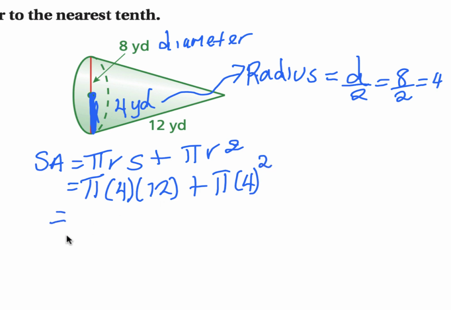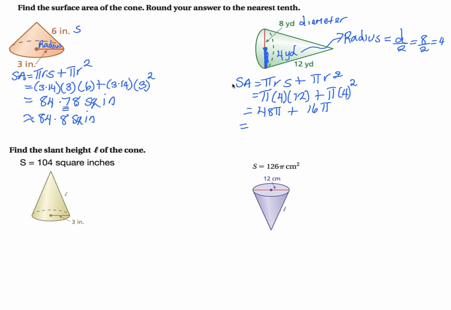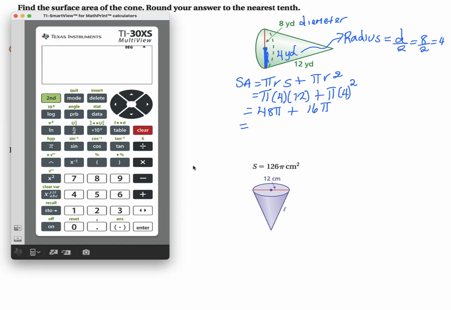These numbers are pretty simple. 4 times 12 is 48, so this will be 48 pi plus, and 4 squared is 16, so this will be 16 pi. Now I'm going to get my calculator and put in 48 pi plus 16 pi. Enter, and I get a value of 64 pi.